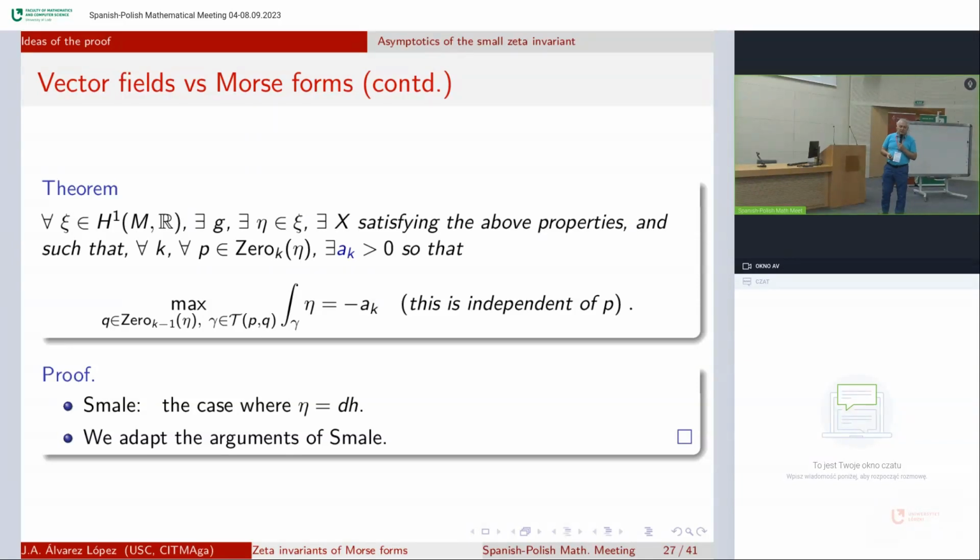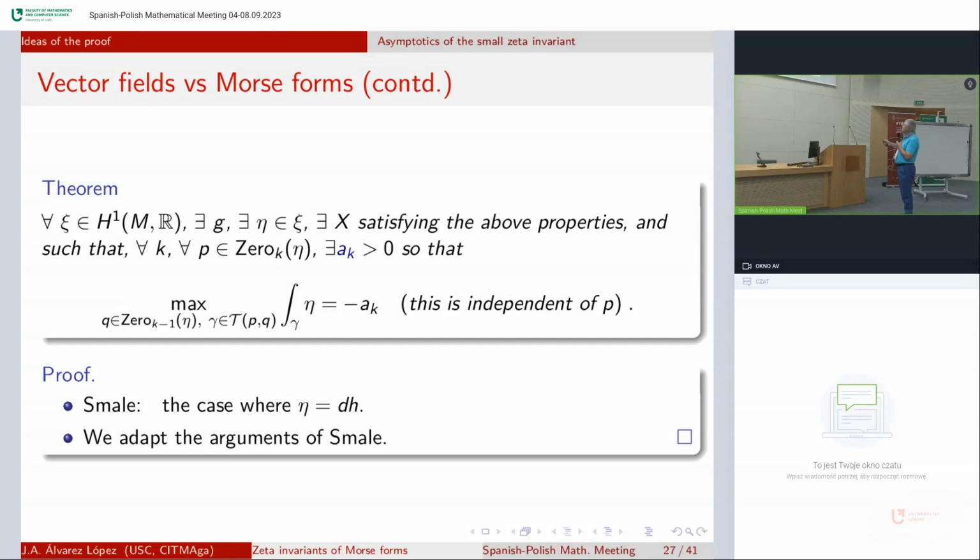In the case of the differential of a Morse function, this was proved by Stephen Smale. Okay, I can use this to say something.